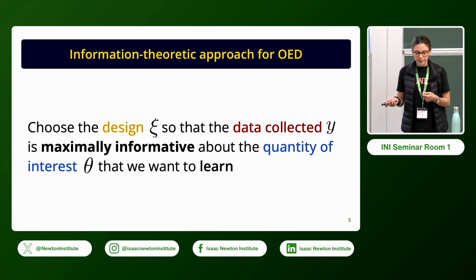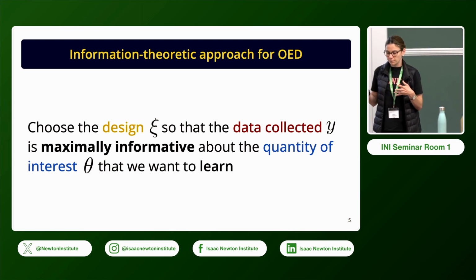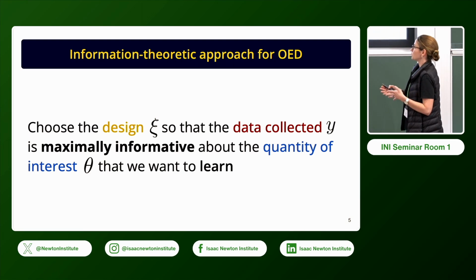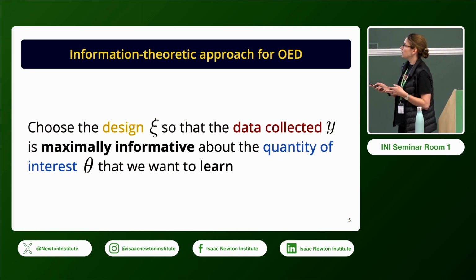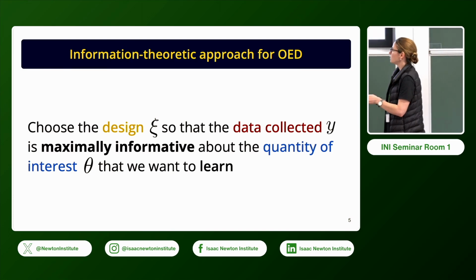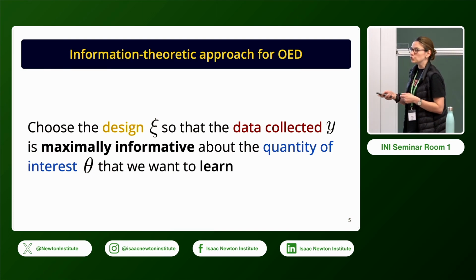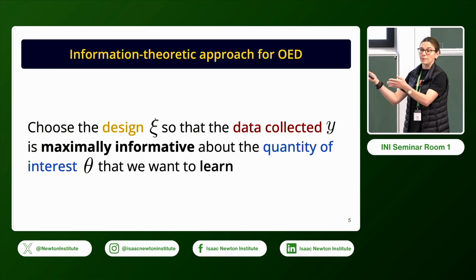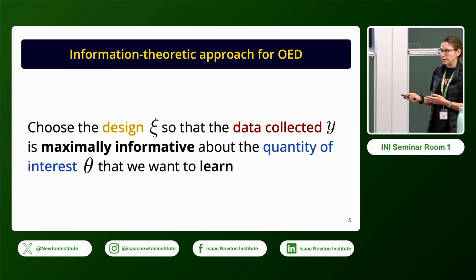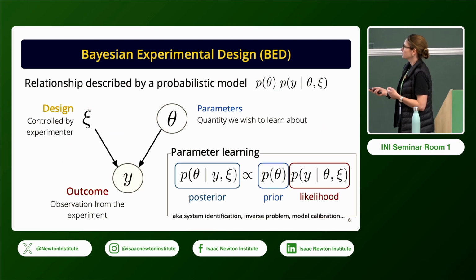The way that we did that is by taking an information theoretic approach, right? So we said that the optimal design, Xi, is the one that will give rise to the maximally informative data about this quantity of interest. And this quantity of interest was this parameter set in our Bayesian model, right?